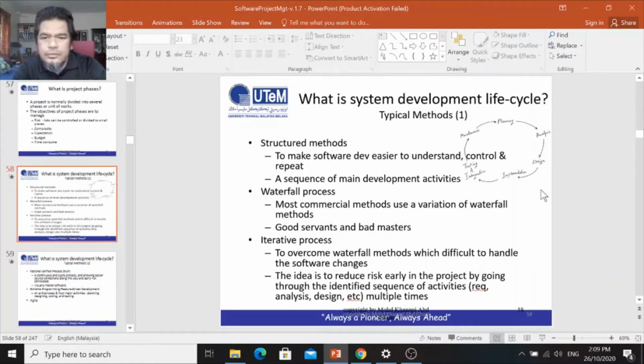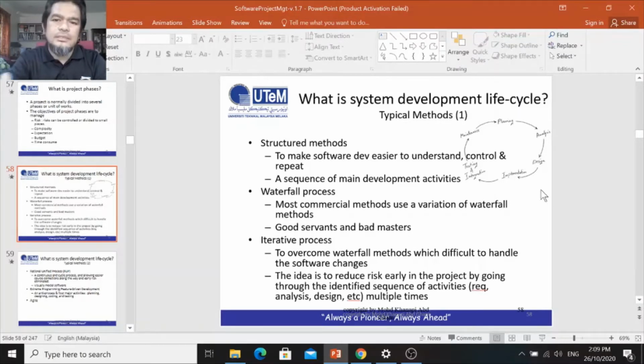So if you don't want to use the methodology proposed by computer science scientists, you can proceed with the system development project using the typical system development life cycle.